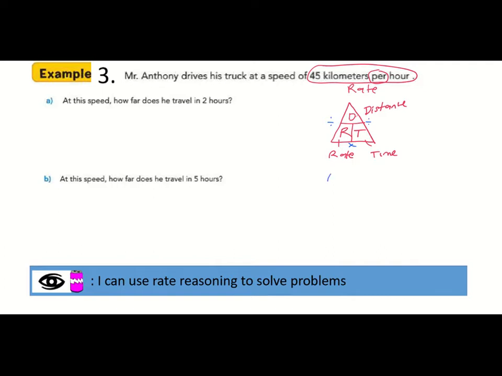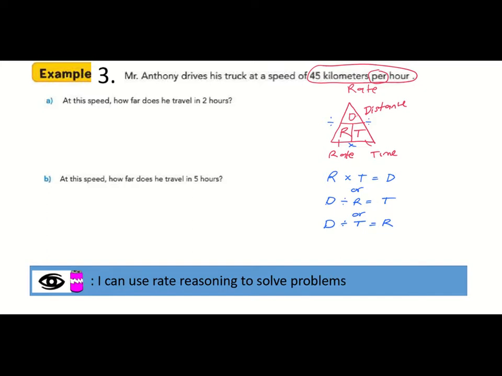We can say the rate times the time will get us our distance, or we can say the distance, notice how the distance is on the top of the triangle, divided by our rate will get us our time, or we can say distance divided by our time will get us the rate. So we can use these equations to solve rate problems.